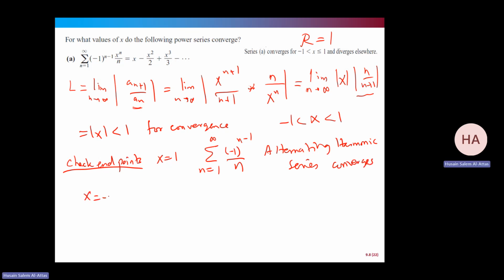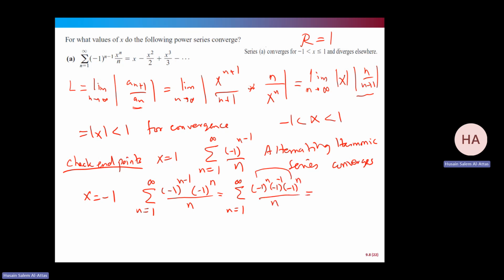Now x equal minus 1, what you will get is the summation n equal 1 to infinity of minus 1 to the power n minus 1, times minus 1 to the power n, over n. And you need to be careful. Minus 1 to the power n times minus 1 to the power n is minus 1 to the power 2n, which is 1.